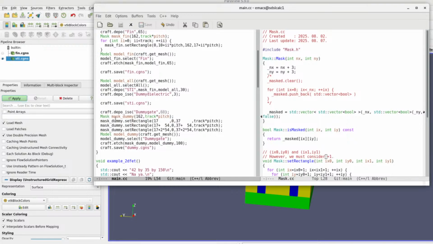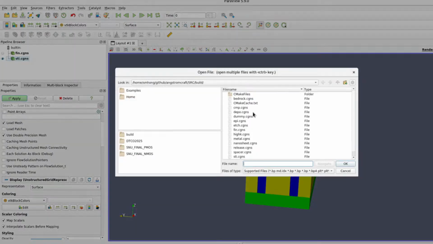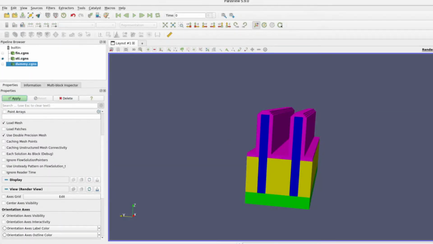I mean that now we introduce a mask for the dummy gate, and in this case, the parts for the dummy gate are recognized here. After that, we completely etch away all other parts. So later we will see well-defined dummy gates. Three dummy gates will be seen here. So why don't you just look at this dummy.cgns file.